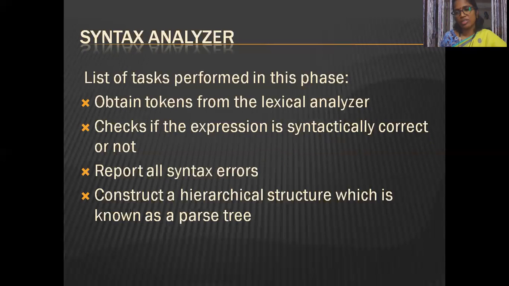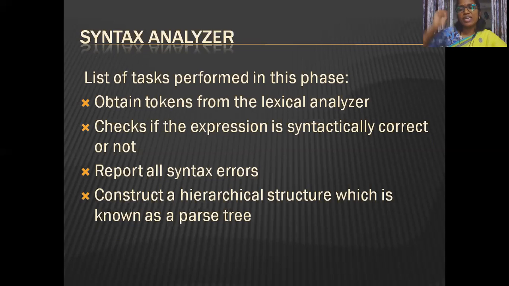We write the statement. In the same way, in our programming language also, we have some rules indicating how your instructions should be. A simple example: every C statement must end with a semicolon. Like a full stop in the English language, every C instruction will end with a semicolon.